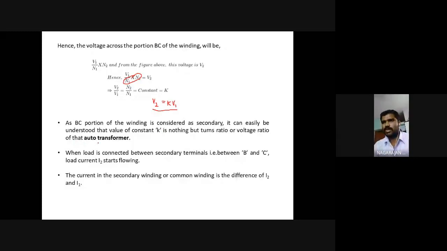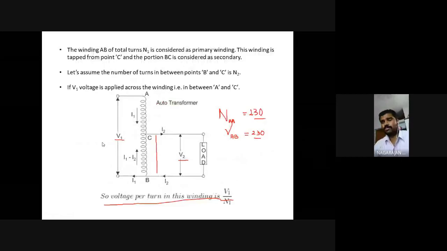And let us see what is happening to the current values. For a better understanding of the autotransformer, just imagine a bottle filled with any liquid, for example a water bottle. You have a bottle which is filled with water, and you make a hole at this point.